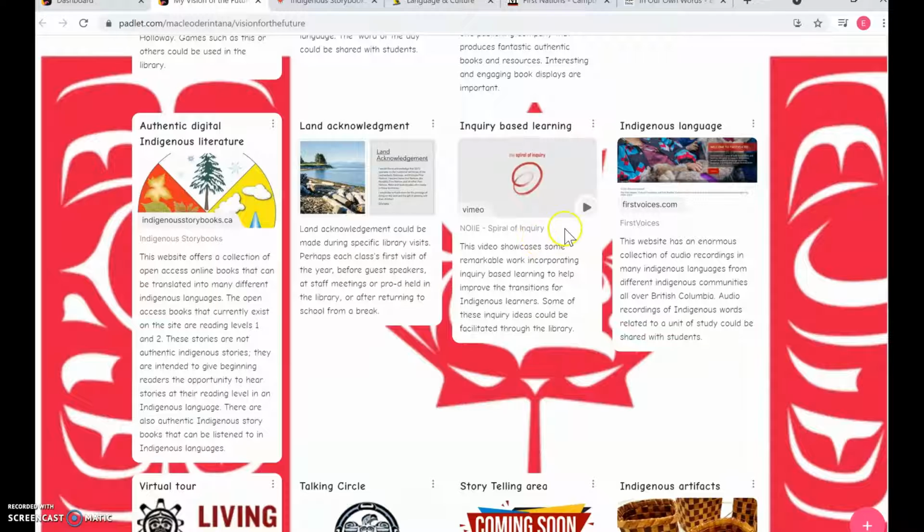I think the library learning commons could also be a place for inquiry-based learning. I've included this website because it showcases different case studies where schools are using inquiry to explore Indigenous content, and I think the library would be the perfect place to do this.